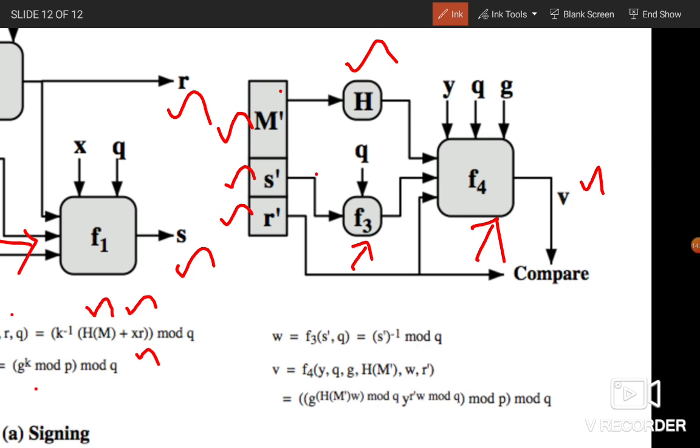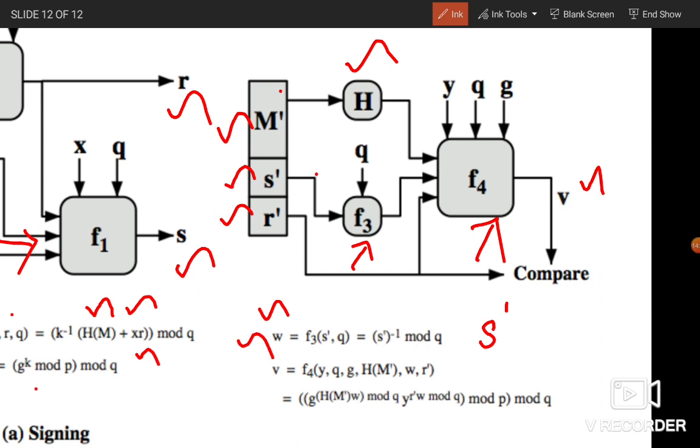So what is F3? F3 is used to calculate the value W. So the formula for W is S inverse modulus Q. To differentiate the sender side and the receiver side, I have used S dash. But anyway, both are the same value. So S inverse modulus Q. Okay. So I have calculated W.